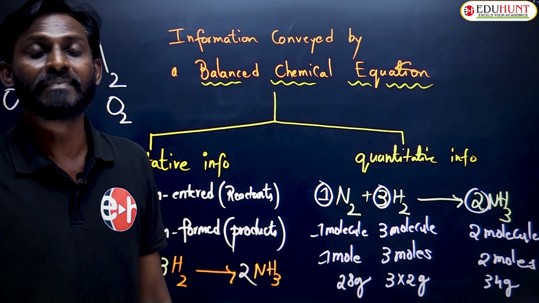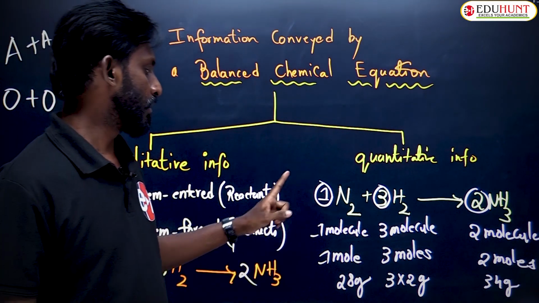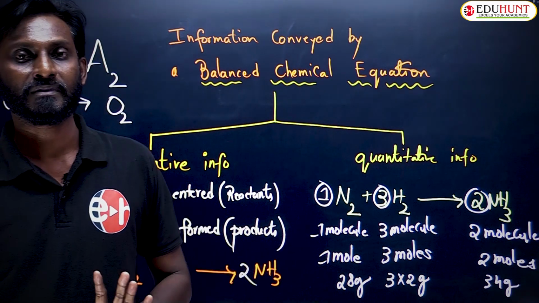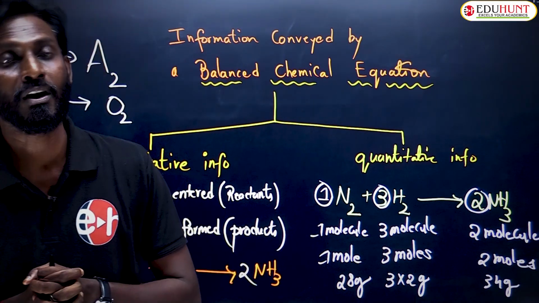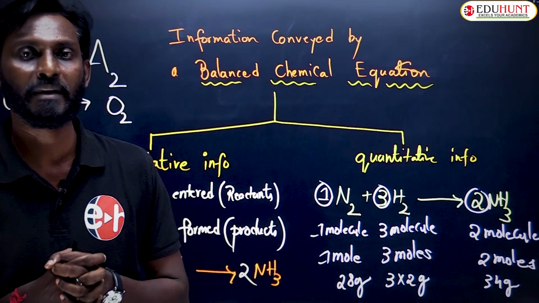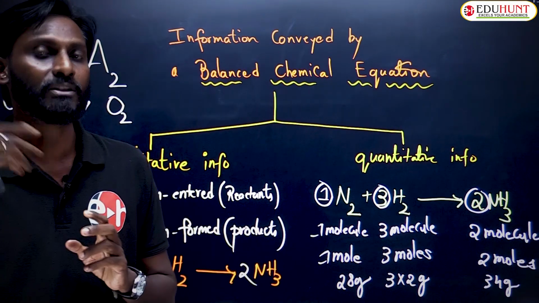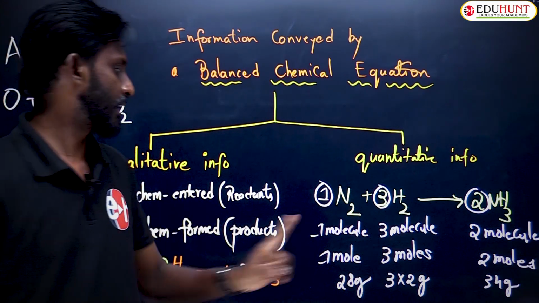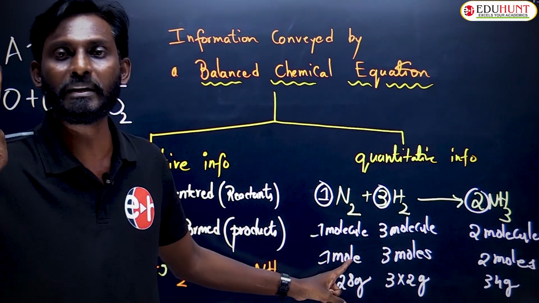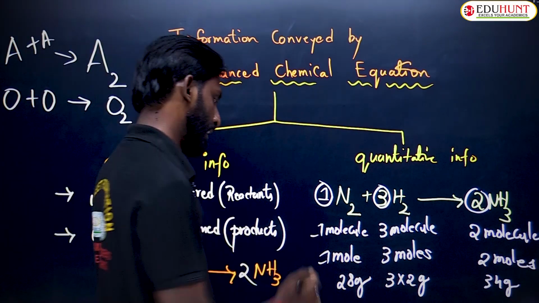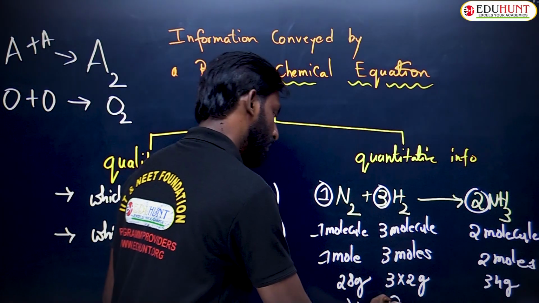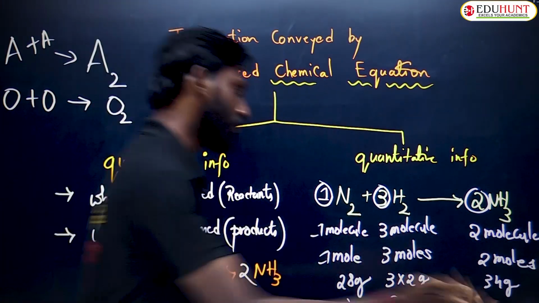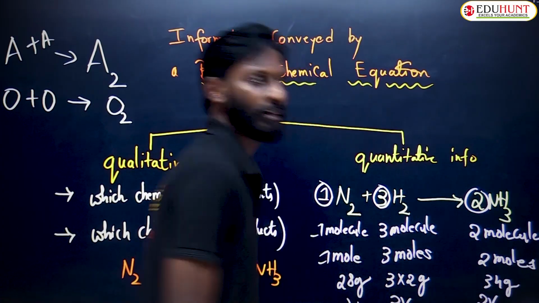Similarly, there is a relationship between mole and volume also. There is a law called Gay-Lussac's law of combining volumes. According to that law, if 1 mole is V liter, then 3 moles is 3V, 2 moles is 2V liters.